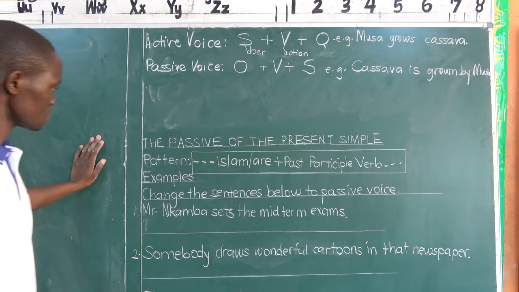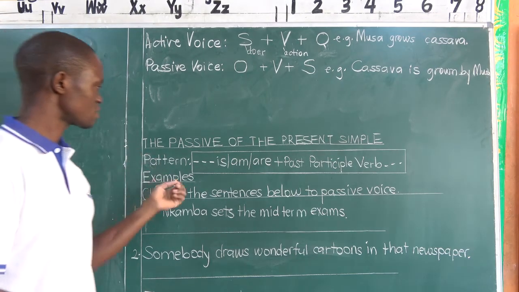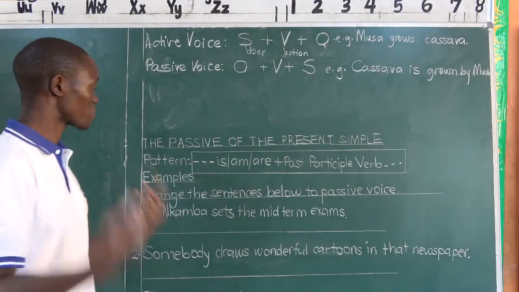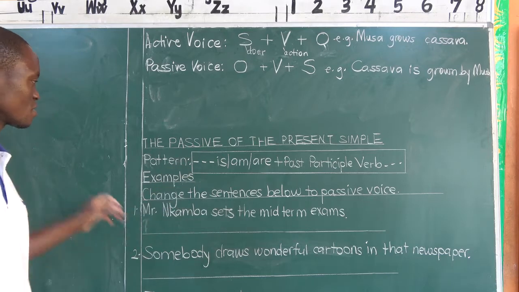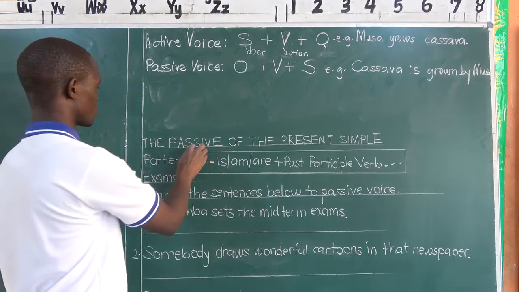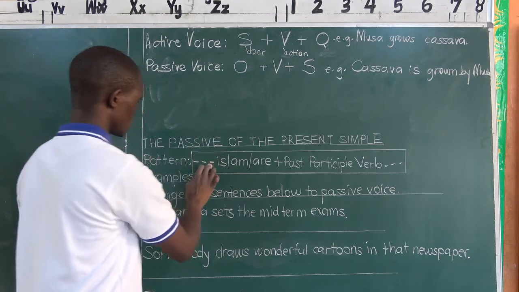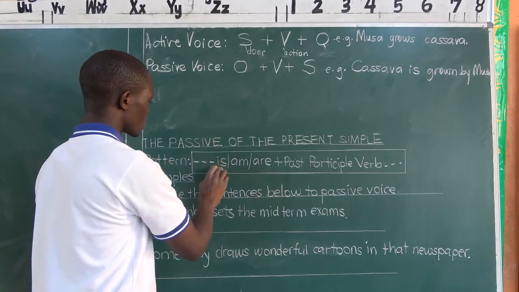We now go to the pattern. The pattern for the passive voice of the present simple tense is given in this rectangle kind of shape you see. We have the pattern which is: use some words here, and that should be the object. Then apply is.